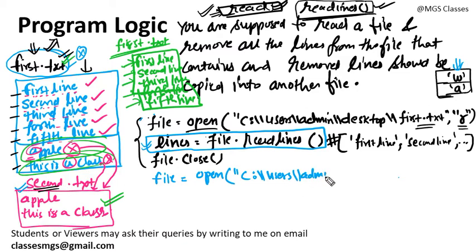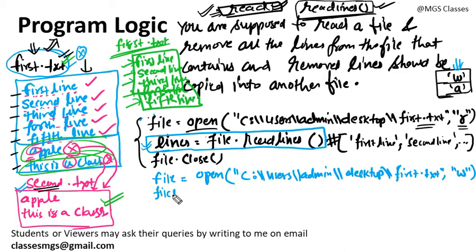So users, then admin, then desktop. Let's open first.txt again in write mode. Why am I opening it in write mode? Because I want to overwrite this file again. Now I will create one more file pointer, for opening second.txt.